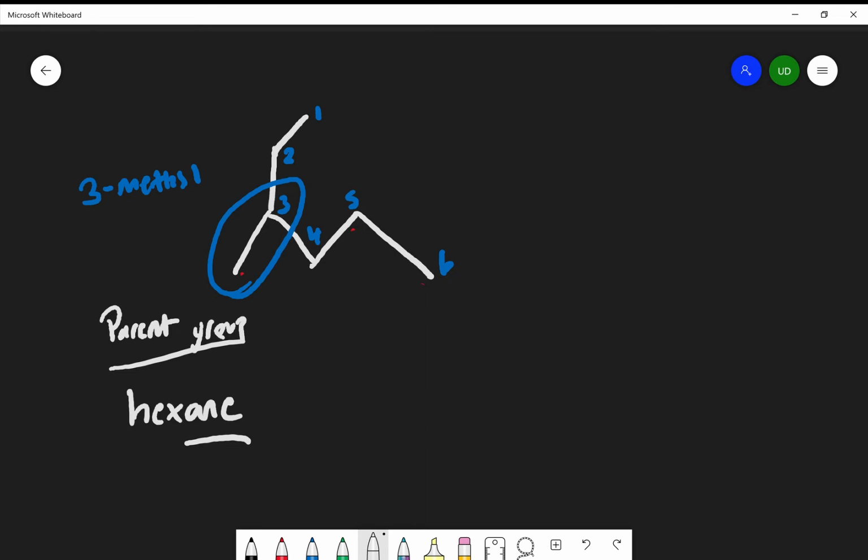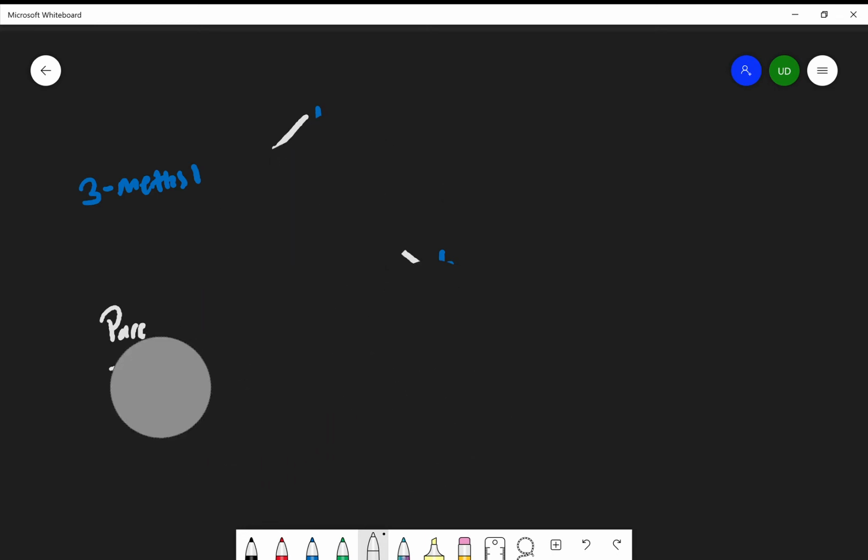So the proper name for this compound, starting off with the substituent, would be 3-methylhexane. Okay. Try doing this one.